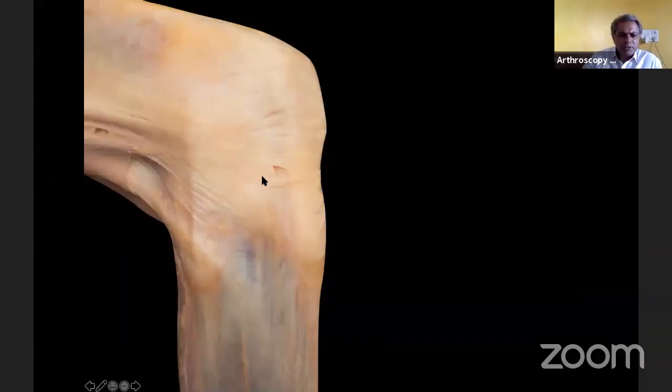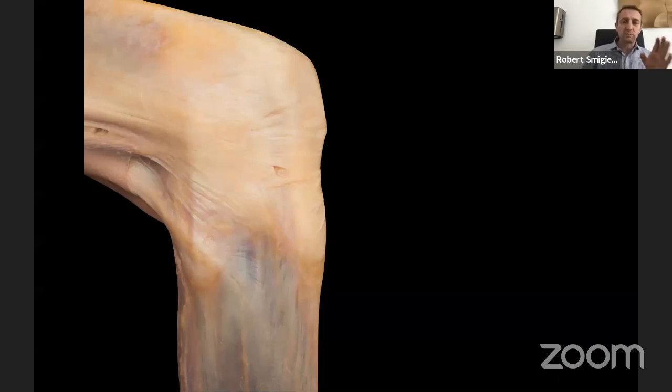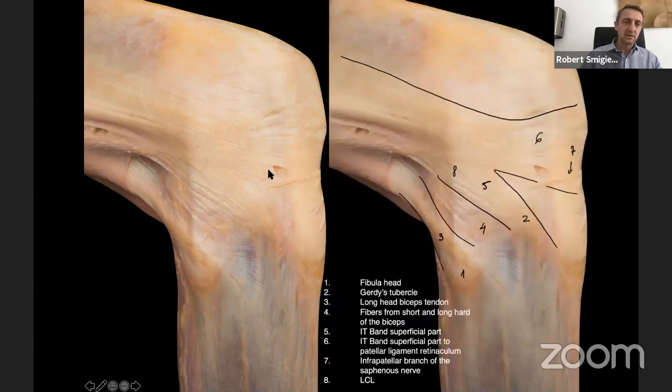I don't know if you can see my screen. Yes, we can see your screen, Robert. You can see the nerve branches here. This is exactly very close to the place where we put the anterolateral portal. I now try to put it as close as possible to the patellar tendon. When I shift it more to the lateral side, quite often I cut some structure here. I have bleeding, and afterwards I have pain at the anterolateral portal.